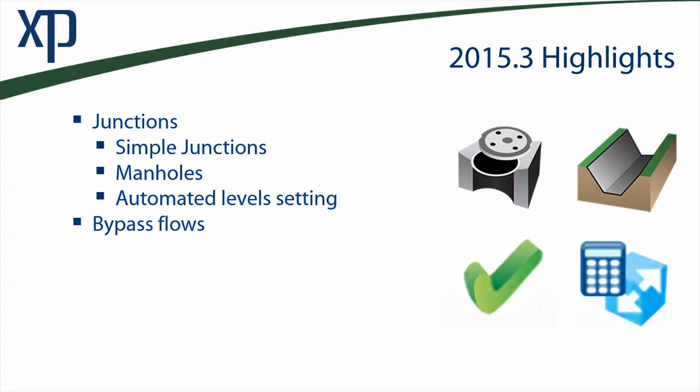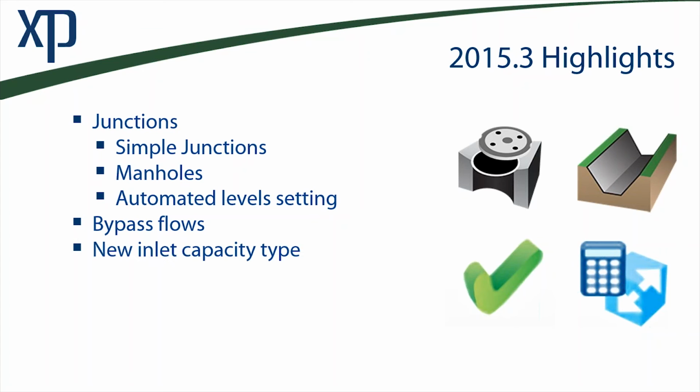We've also explicitly included bypass flows in a way that's more intuitive and more visual, and this means that additional surface channel flows can be more clearly represented and communicated, and is particularly useful for assessing drainage solutions that are designed for multiple return periods.